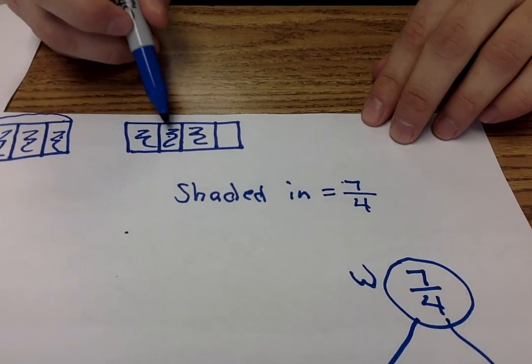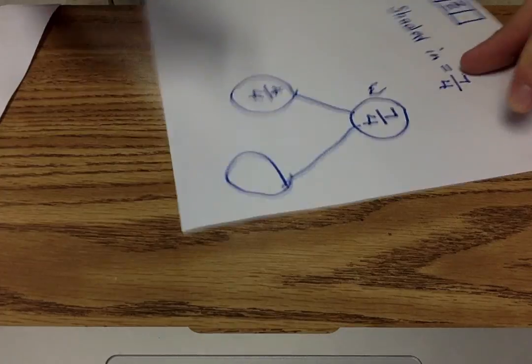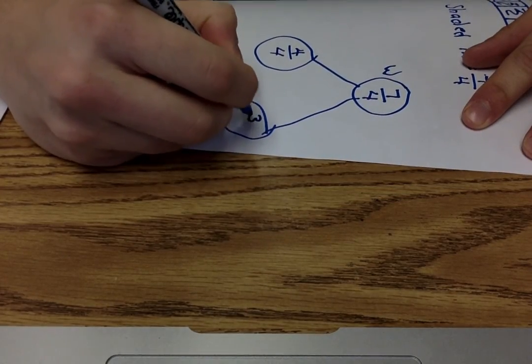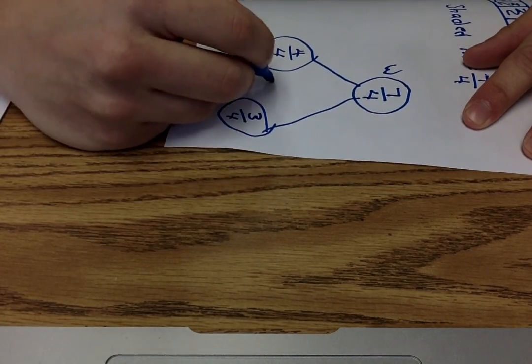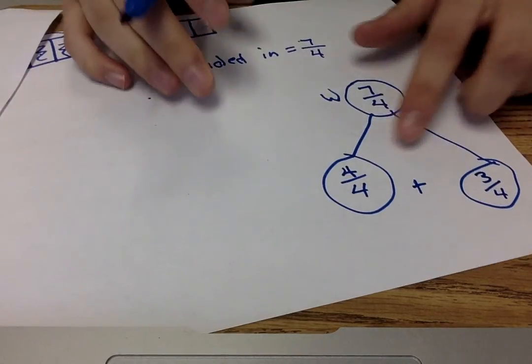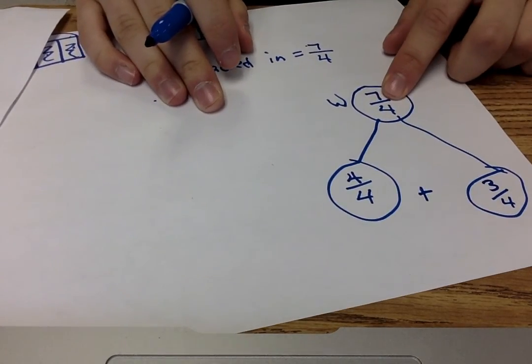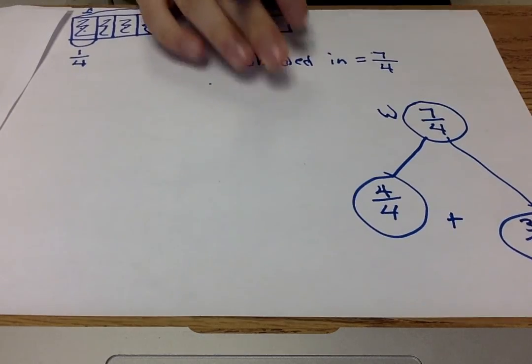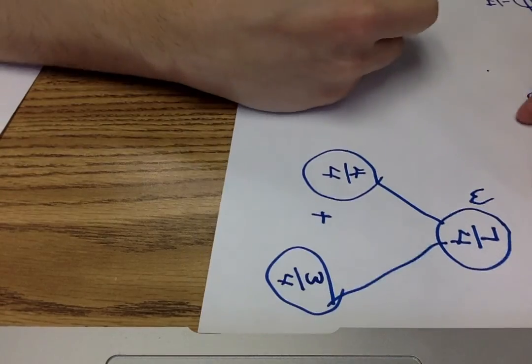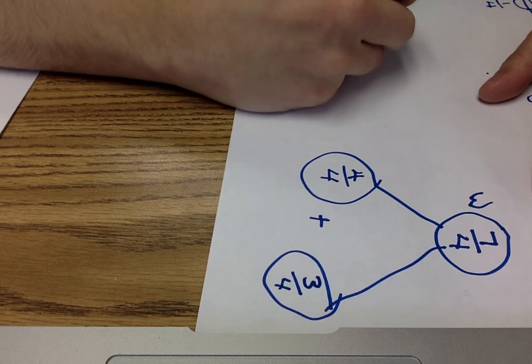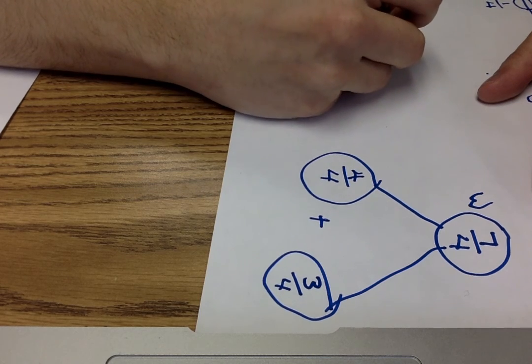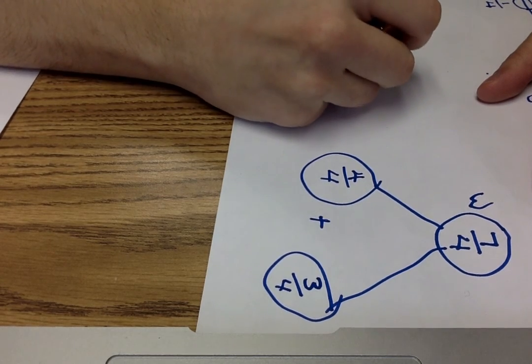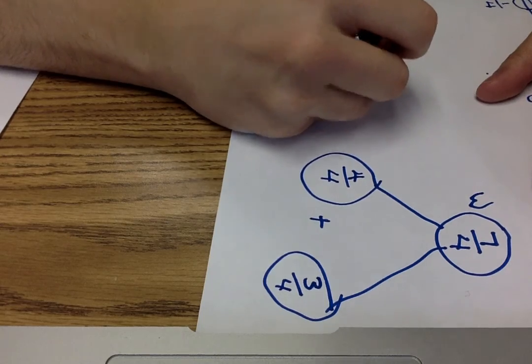And my second part would be 1, 2, 3/4 that are shaded in. And that tells me that 4/4 plus 3/4, my 2 parts, is equal to 7/4. So I'm going to write that addition sentence too: 3/4 plus 4/4 is equal to 7/4.